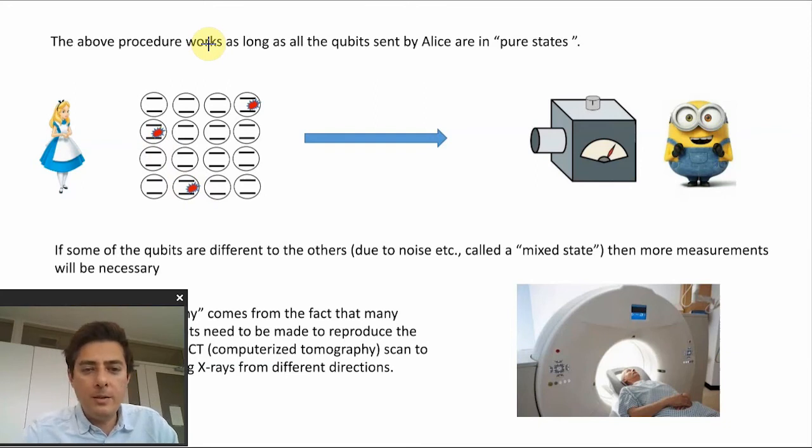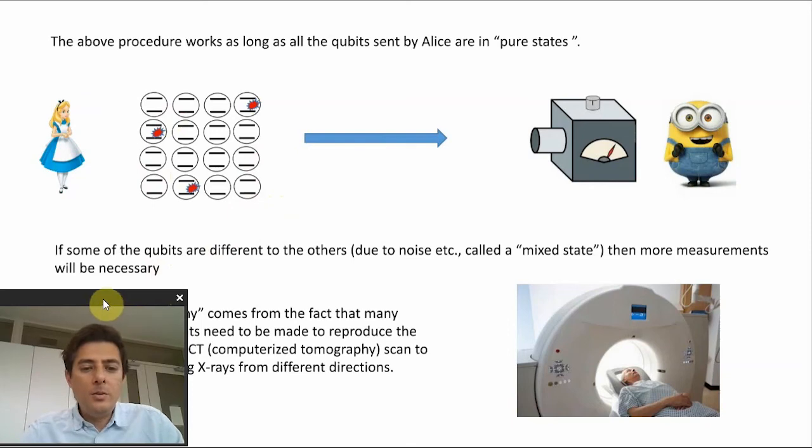I won't go into that for the purposes of this course, but just keep in mind that the procedure only works if they're in so-called pure states, where all the copies are perfectly, exactly the same. If some of them are slightly different, then this is what you'd call a mixed state, because some of the qubits are in different states. It doesn't have to be qubits, any quantum state. If all your copies are not the same, then it would end up being in a mixed state.